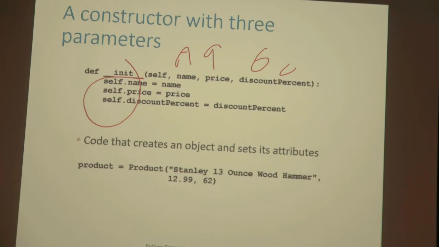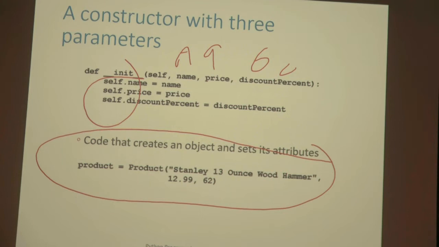All right? So in here, for example, when you call this, the first parameter is the name, which is Stanley 13-ounce wood hammer. This will go where? To the name here. And then $12.99 will go where? To the price.